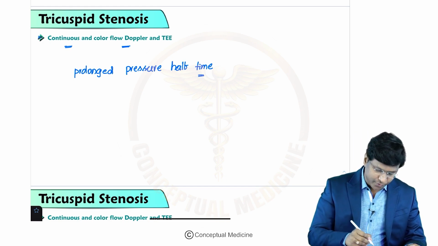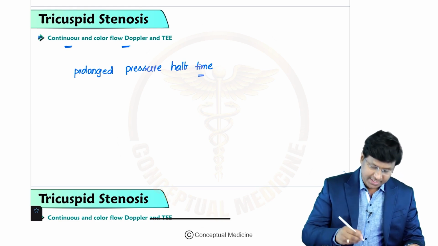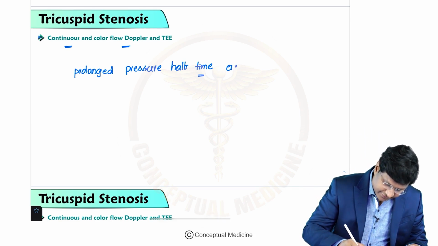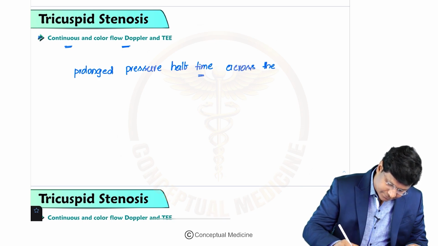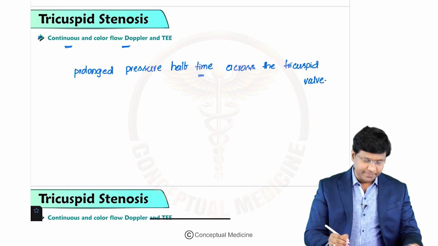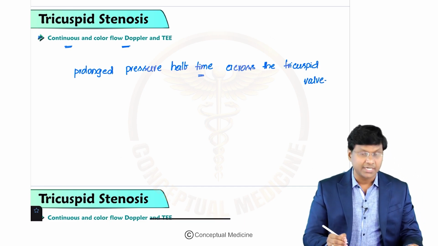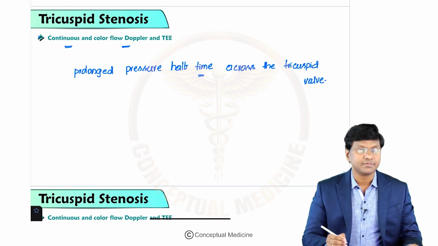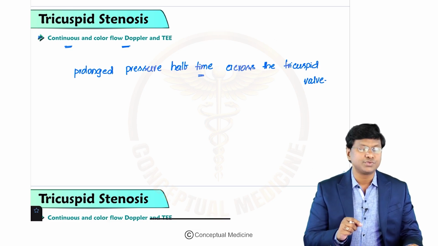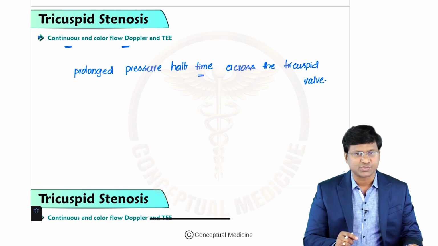So there is prolonged pressure half time across the tricuspid valve, and this can be used to estimate the mean gradient as well.